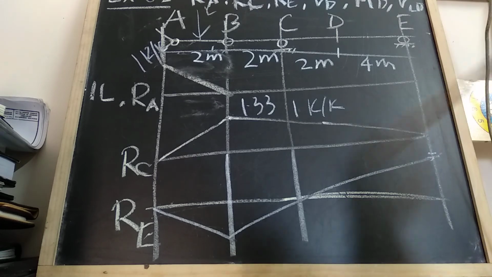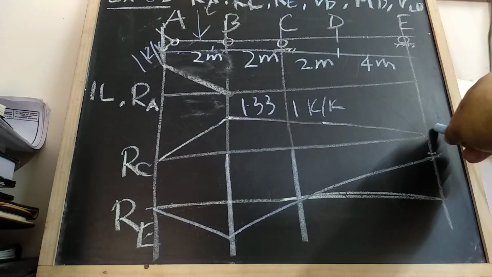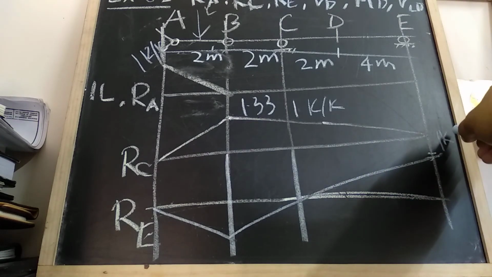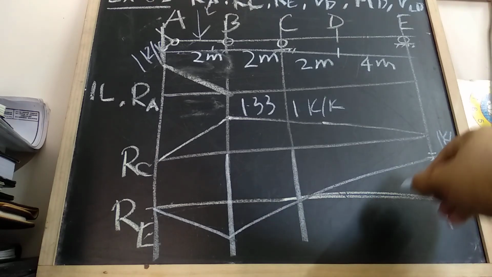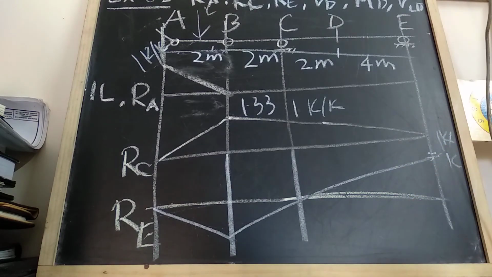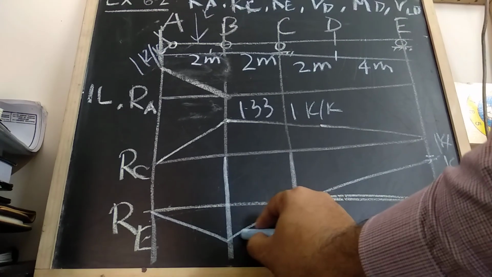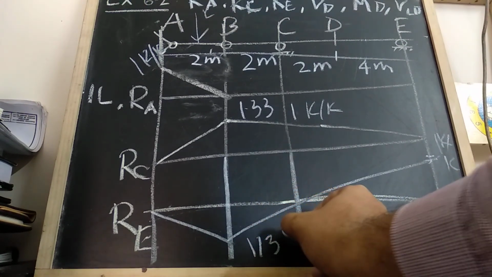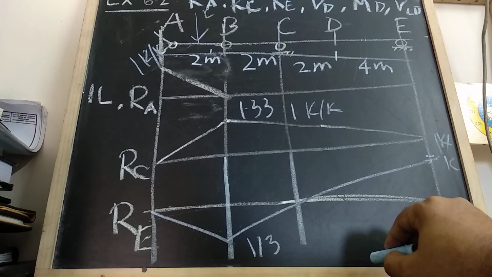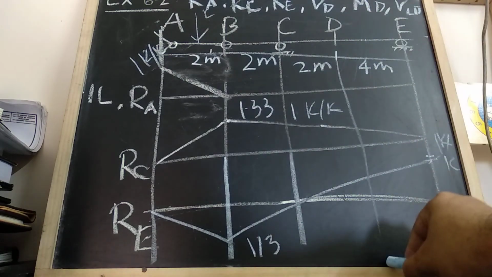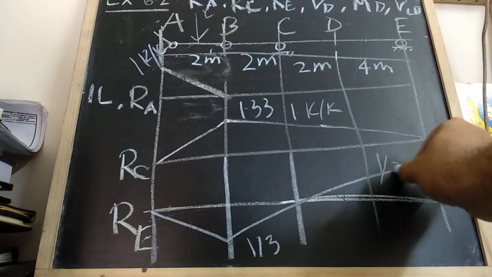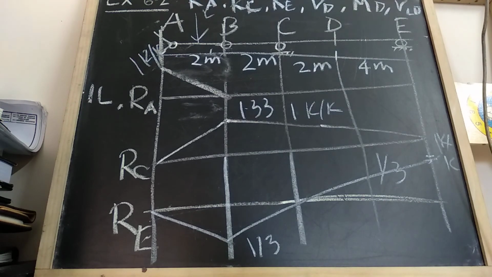At E, it will come like one kip. So that's how it's working. I believe you understand. This is like 1/3. If you draw a line here, this should be 1/3 kip per kip.